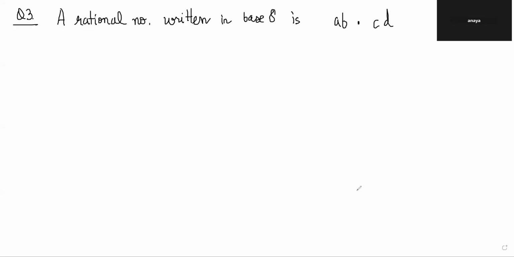Yes. Okay. The next question: a rational number written in base 8 is AB.CD, where all the digits are non-zero.